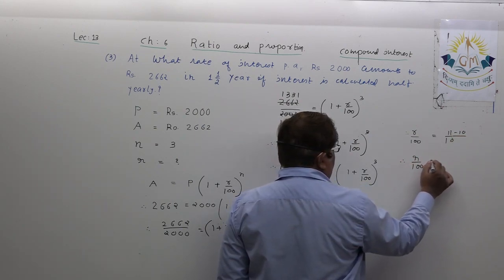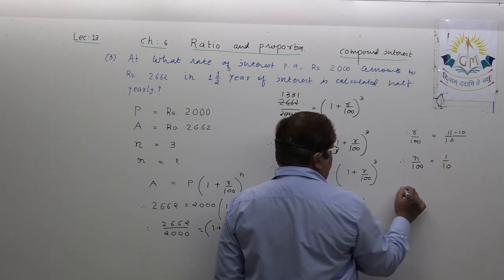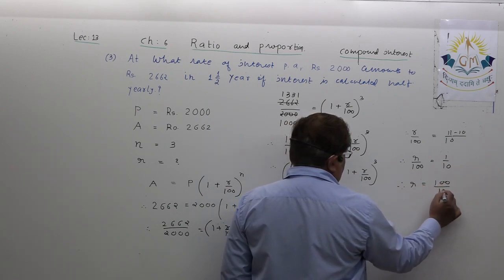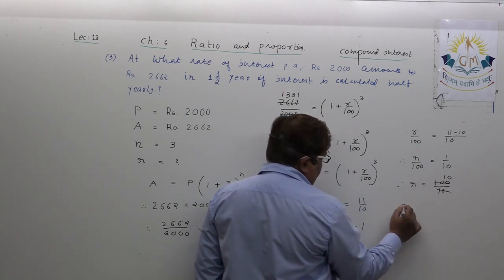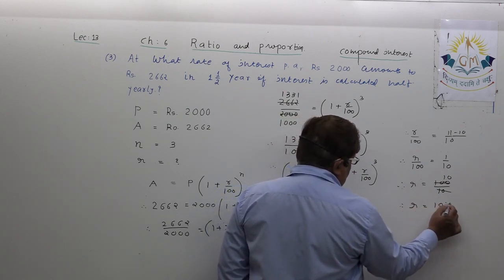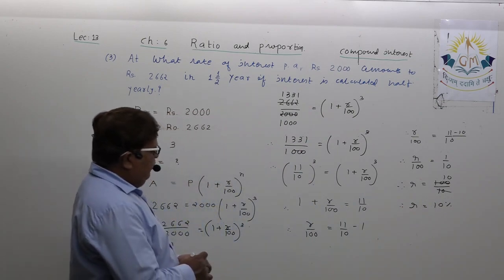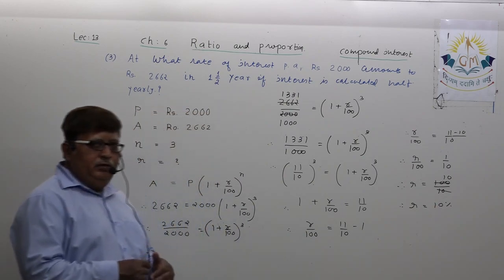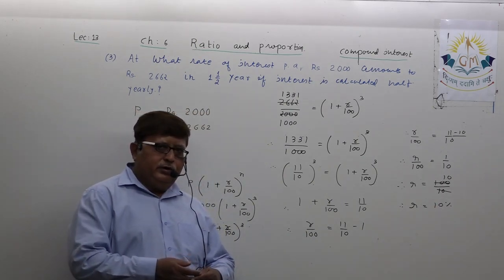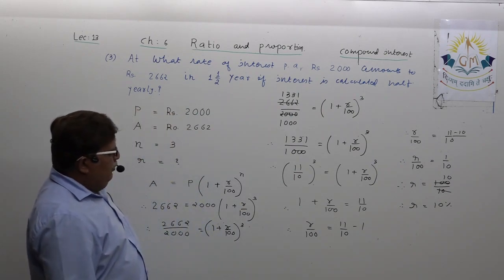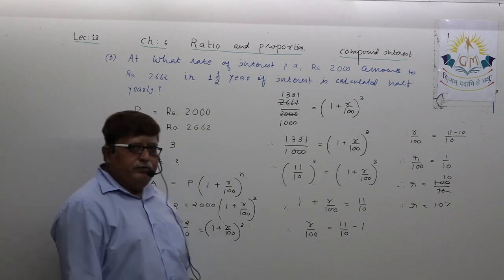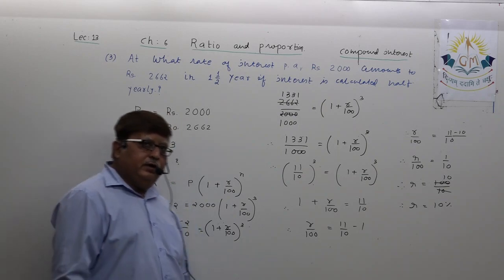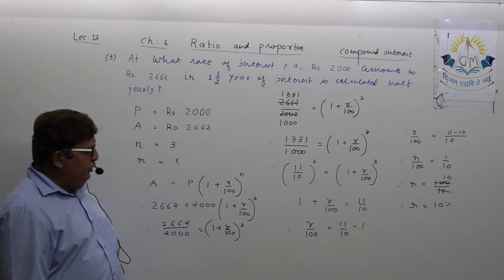So R upon 100 equals 1 upon 10. Simple cross multiplication, 100 upon 10 cancels. So R equals 10% rate of interest, looking like the previous example with minor modification of the data. You must have solved this by yourself, dear student, and you just verify with the example you have solved so that you can understand it. Just catch this sum.